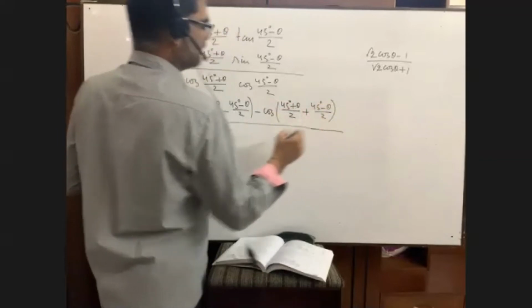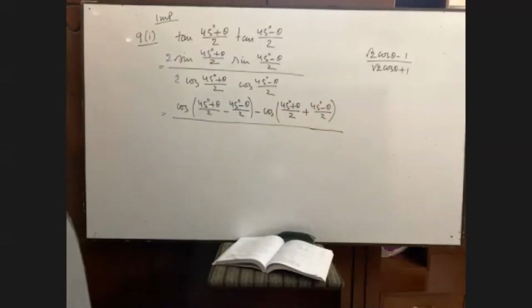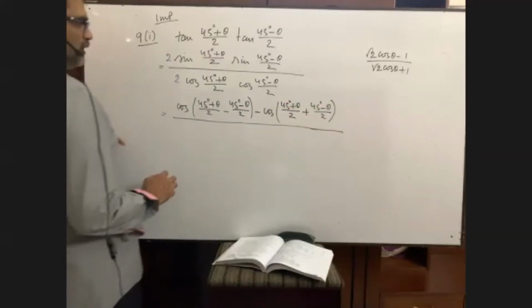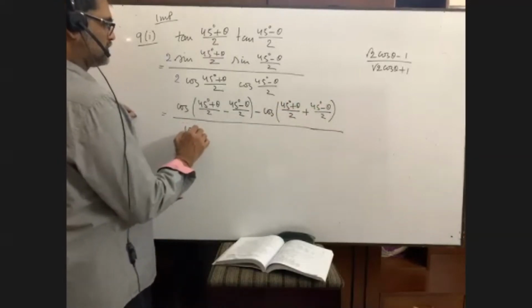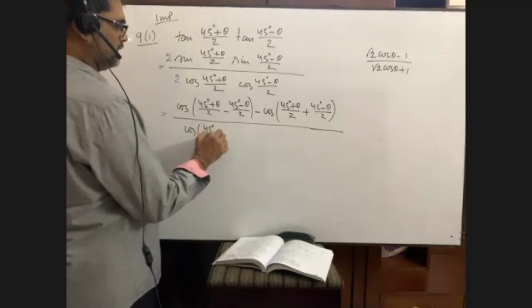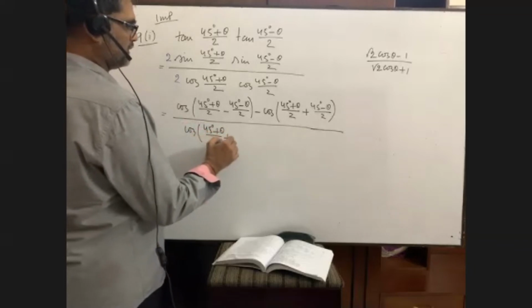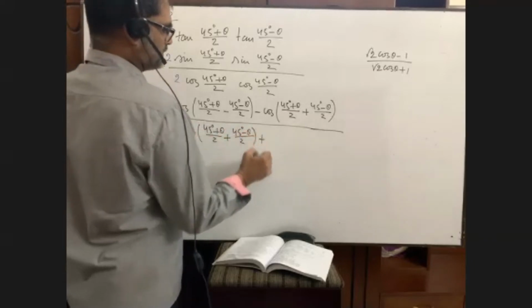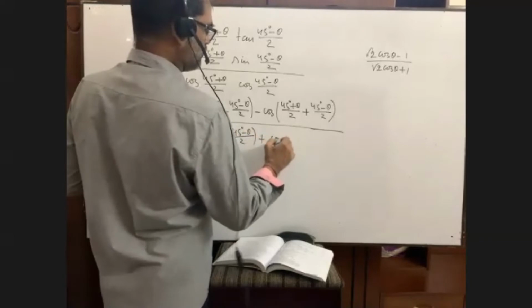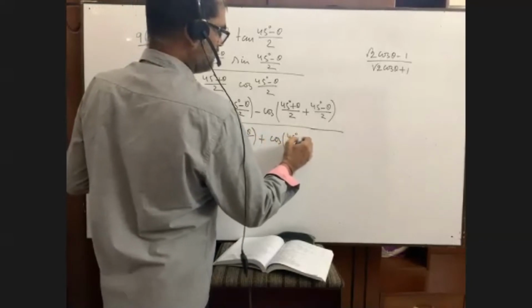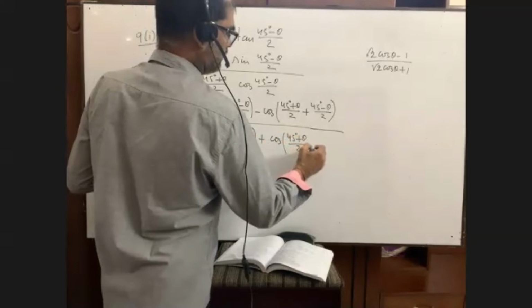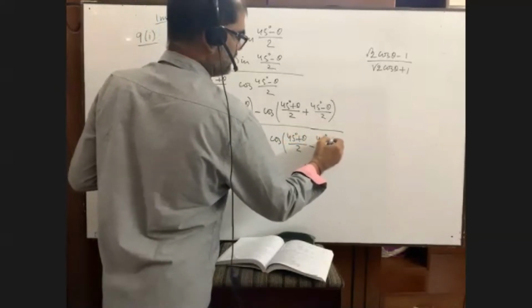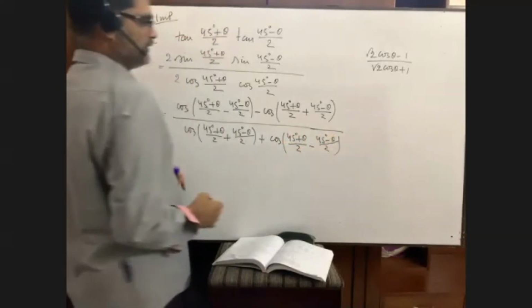Please talk to me, all of you. Then the denominator, 2 cos A cos B. Cos of A plus B plus cos of A minus B. Is it?